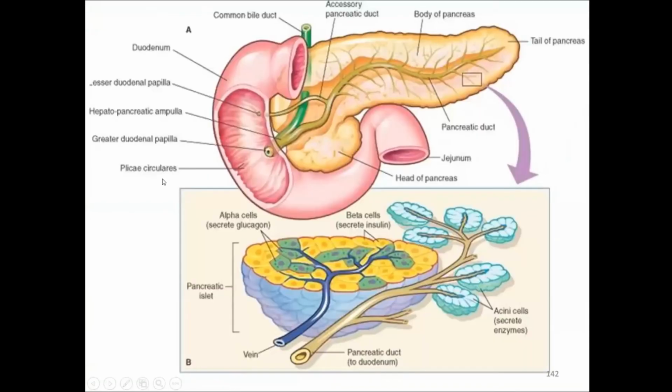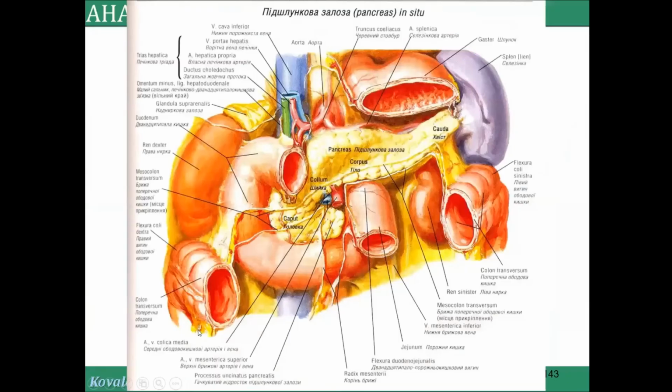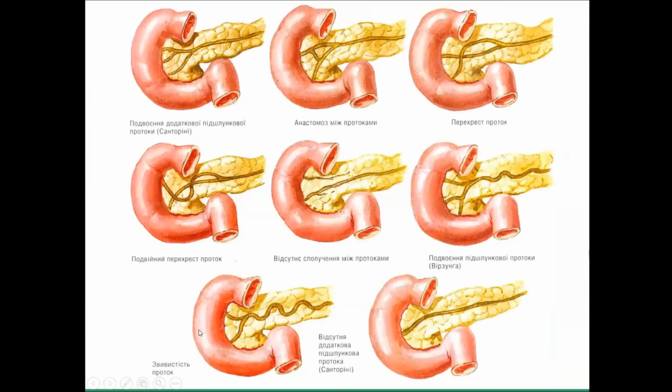And in the internal structure there is a big portion of acini, where the pancreatic duct to the duodenum starts, and venous blood moves to the hepatic portal vein.